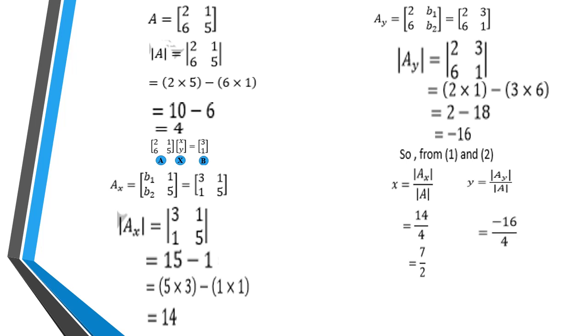Now put the value of Ay determinant and A determinant over here. Minus 16 divided by 4. After cancellation you will get the answer minus 4. Now x is equals to 7 by 2 and y is equals to minus 4. So the solution set is 7 by 2 and minus 4.